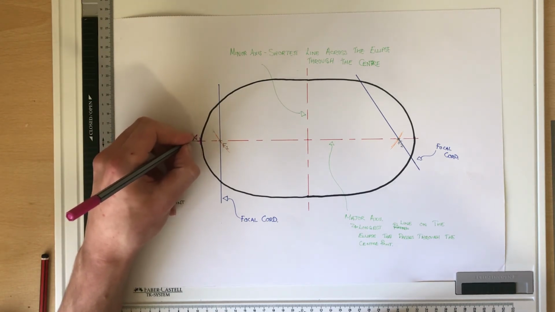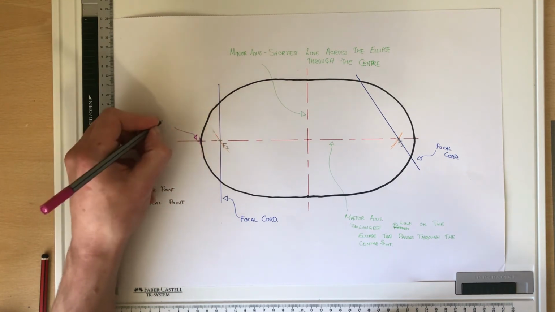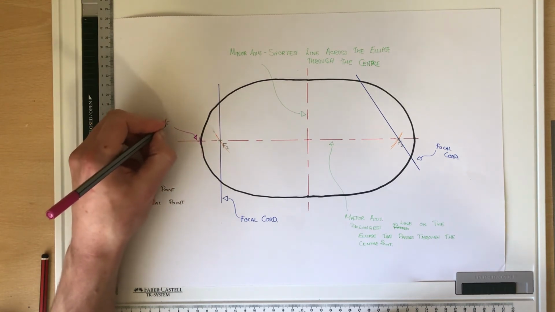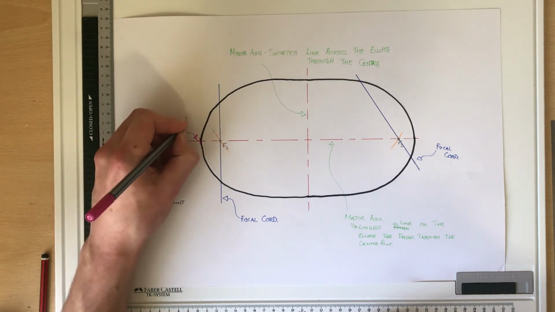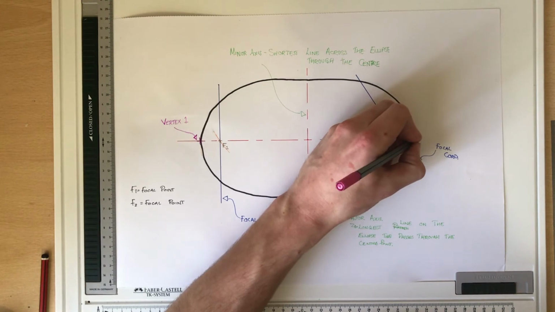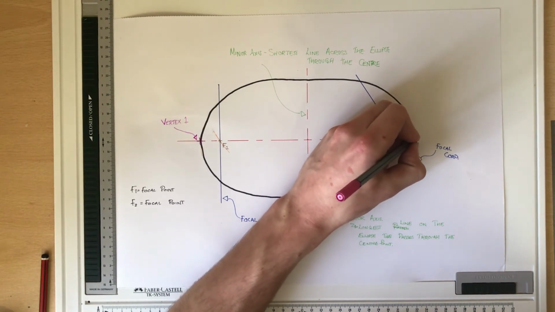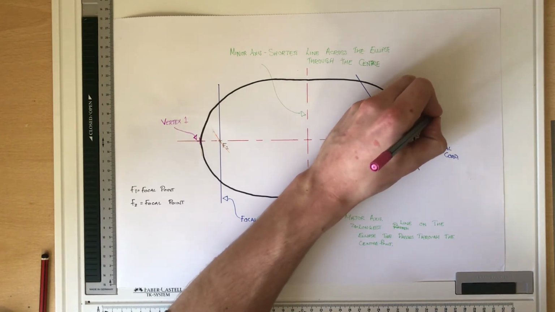So here is vertex 1, and here on the other end of the major axis is vertex 2.